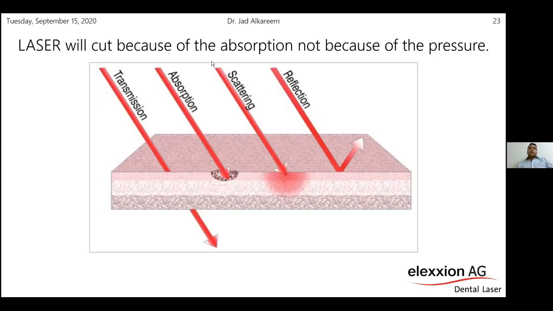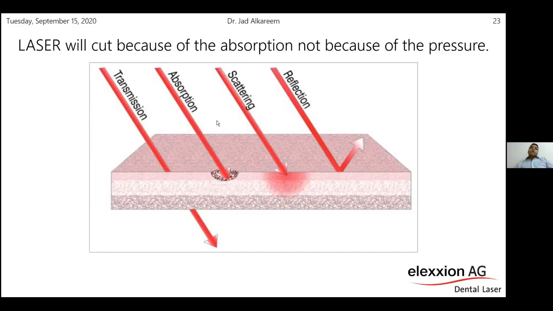Then if you are using the correct wavelength with the correct tissue, but with a very, very low power, so the energy is not enough and cannot be absorbed deeply into the tissue, then we will have a scattering of the energy on the surface of your tissue.